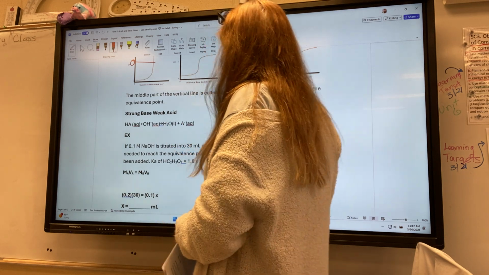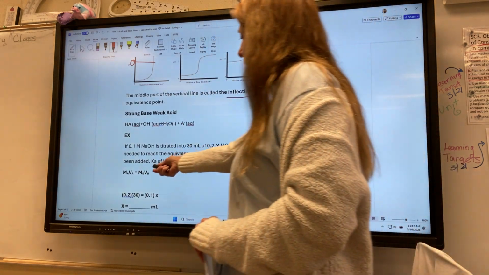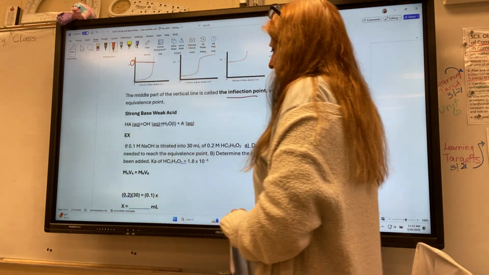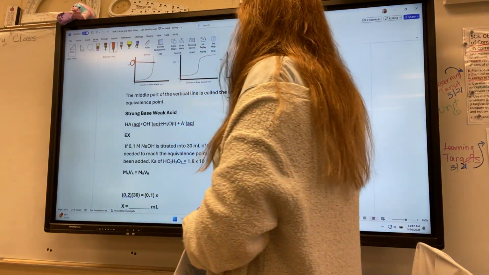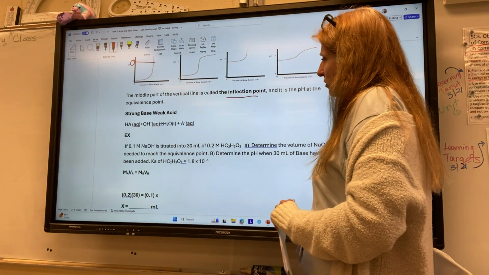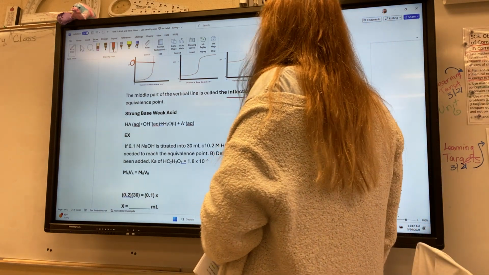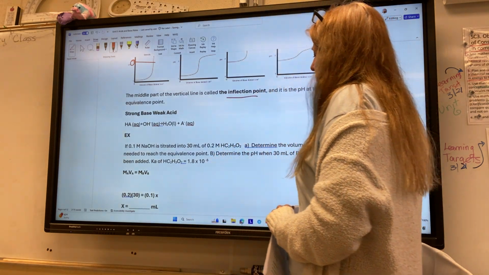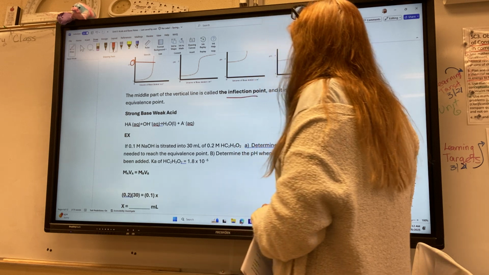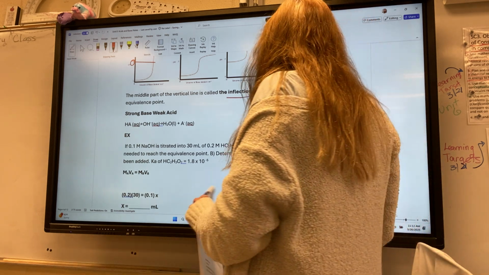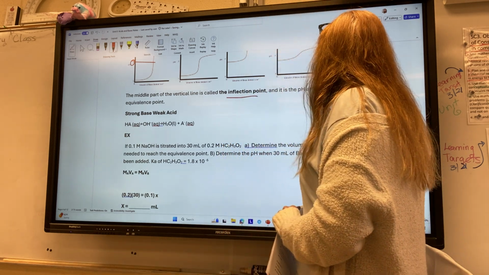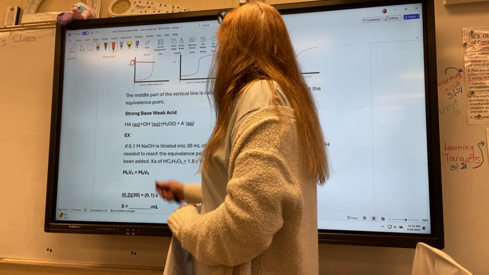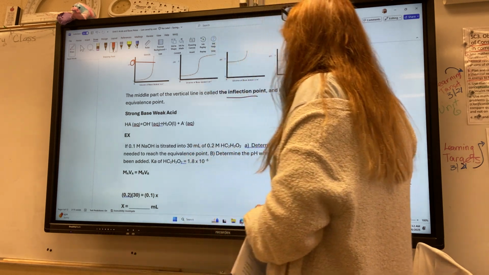So here's the example problem that we can also do using our titration equation. If 0.1 molar sodium hydroxide is titrated into 30 milliliters of 0.2 molar weak acid here, determine the volume of sodium hydroxide needed to reach the equivalence point.